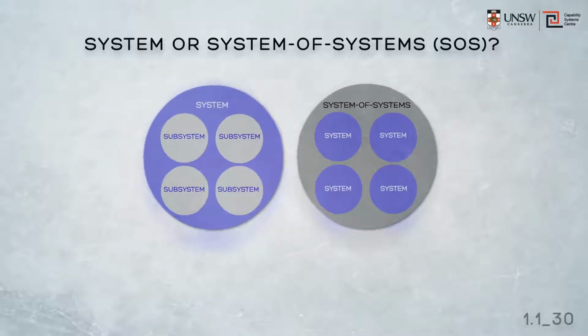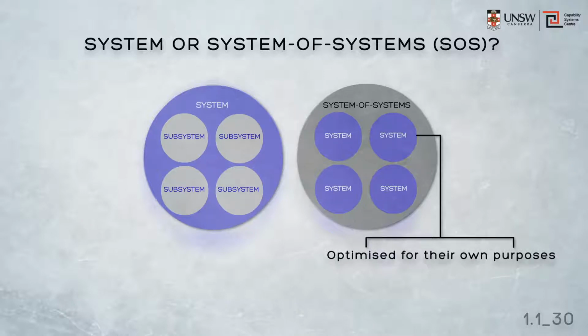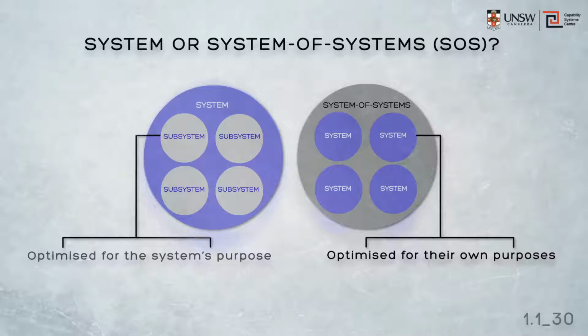The distinction between systems as element of a system of systems and subsystems as elements of a system is therefore that the system of systems comprises systems that have been optimized for their own purposes before joining the system of systems. On the other hand, a system comprises elements, the subsystems, that are not optimized for their own purpose, but have been optimized for the system's purpose.